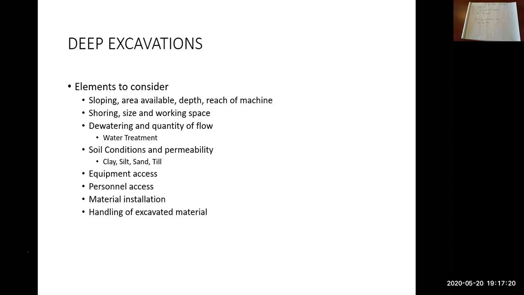Next one down there, soil conditions, permeability. Depending on the type of soil, so whether it's clay, silt, sand, till, etc., will regulate the amount of water that comes into your excavation. So that goes to the permeability part here. So the more permeable a soil is, the more water can flow through it in a given area.